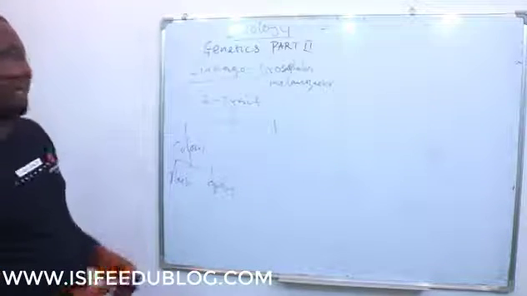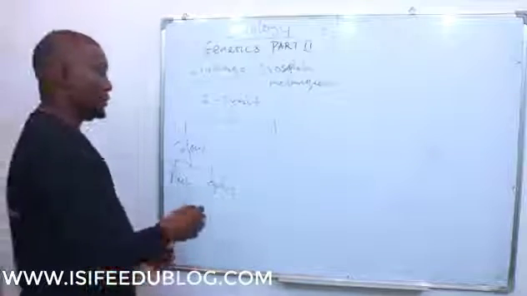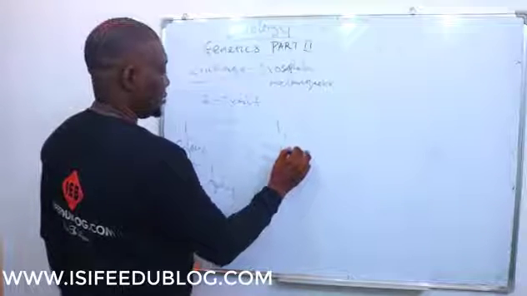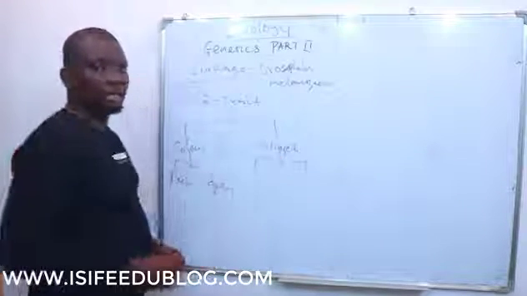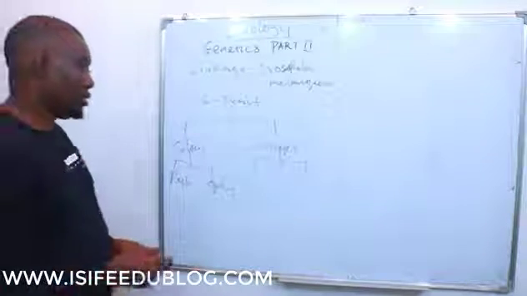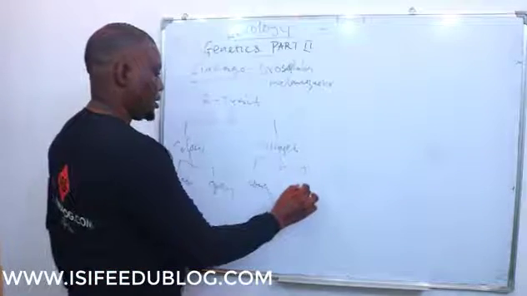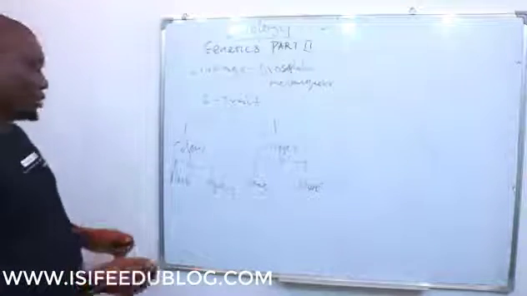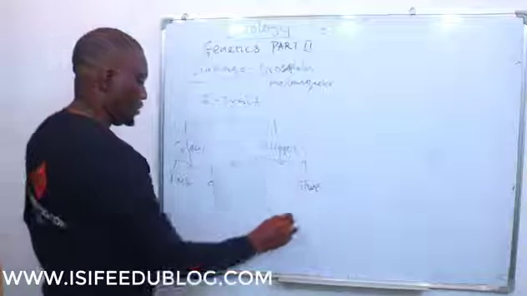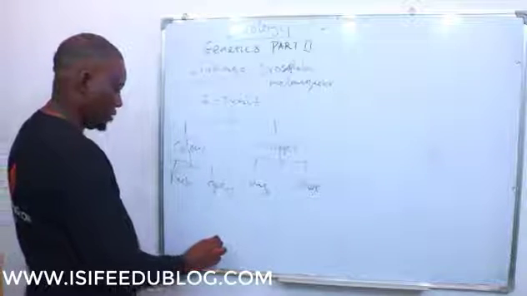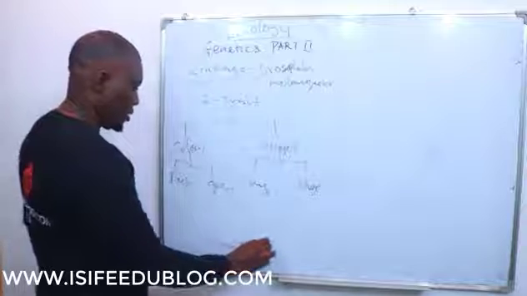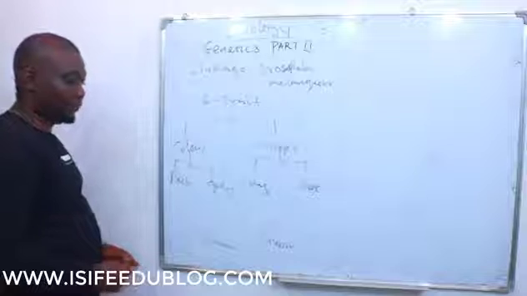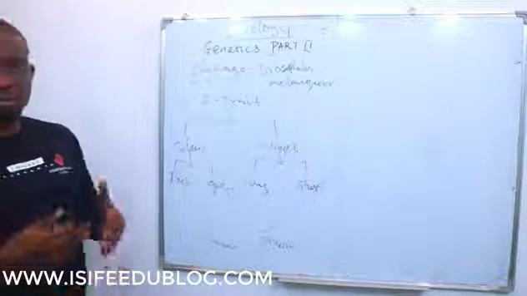At the same time, he was studying a vestigial organ, the wing. There are two wing types, long and short. Long is dominant and short is recessive. But both genes are found on the same chromosome.